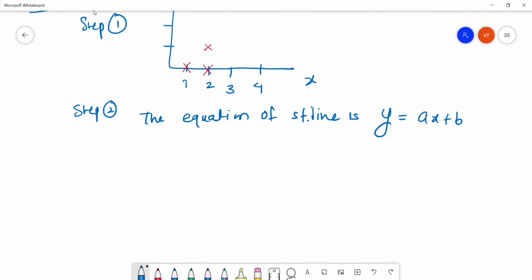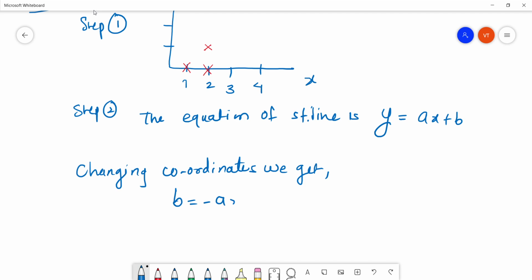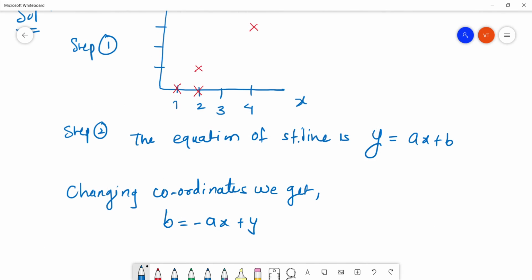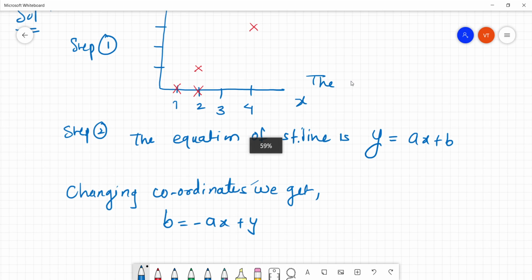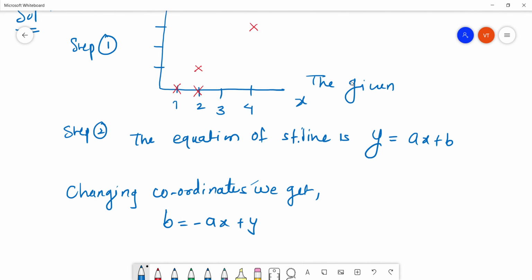Changing the coordinates, we get b equal to minus ax plus y. Here you can write these are the given points in the xy plane.